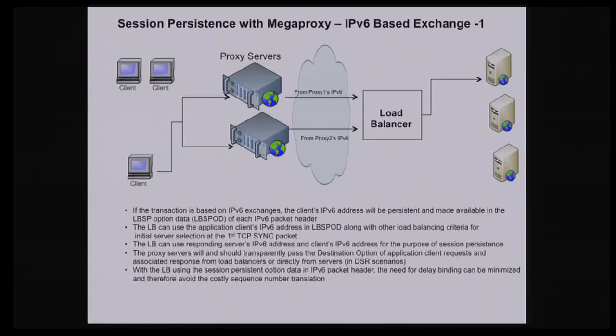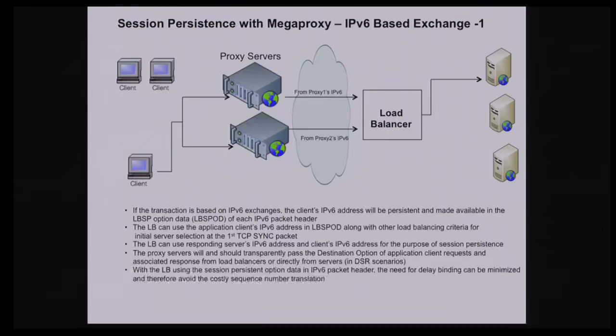When the packet goes through proxy servers, the proxy is not going to change the information in the destination header, the LBSP option data. However, the proxy is going to use its own V6 address as the source address of this packet before forwarding it over to the load balancer.